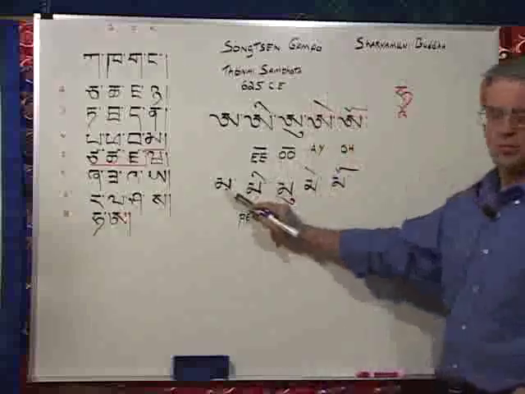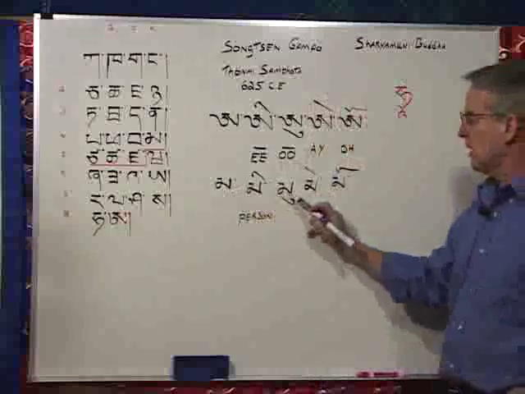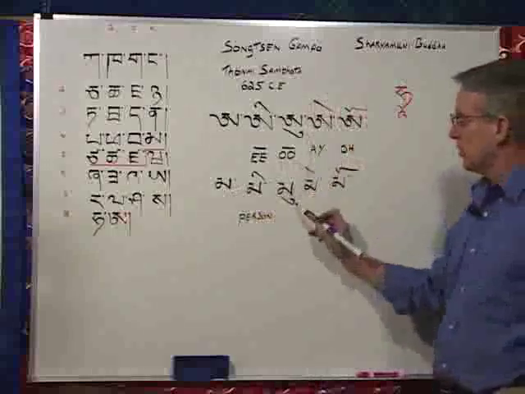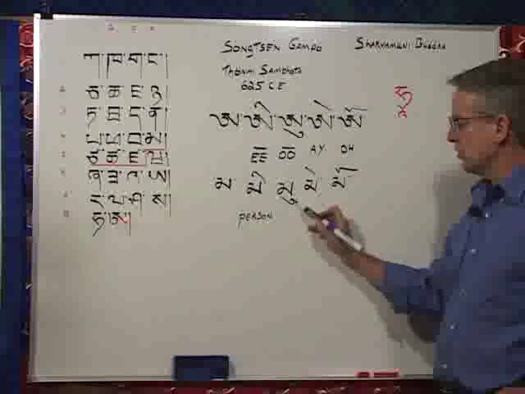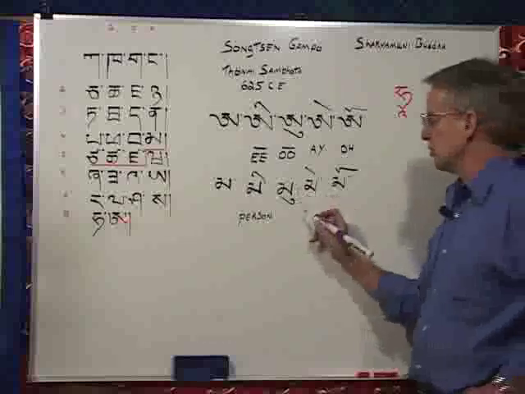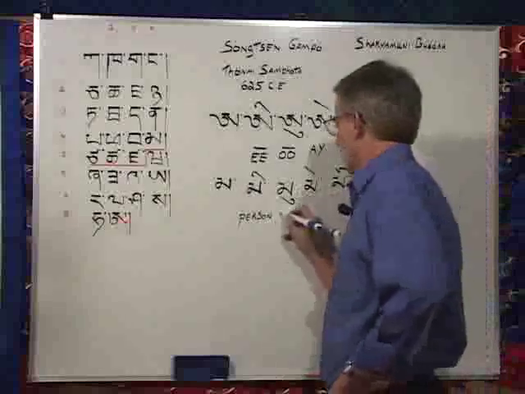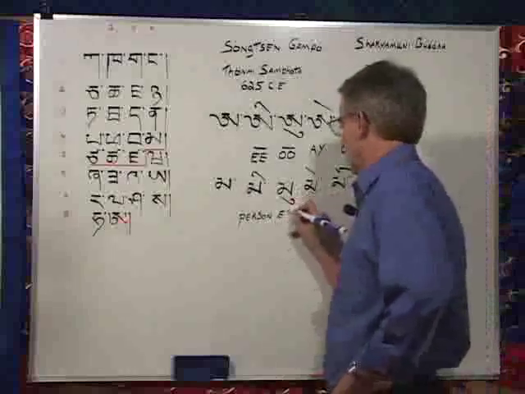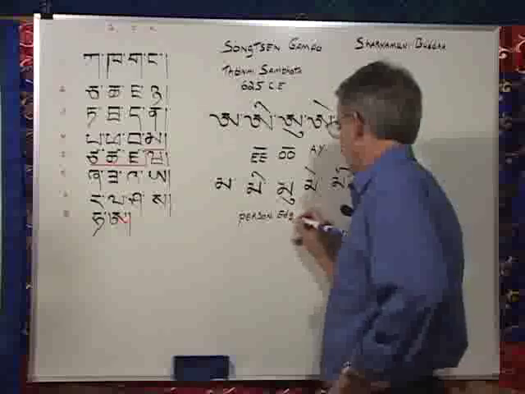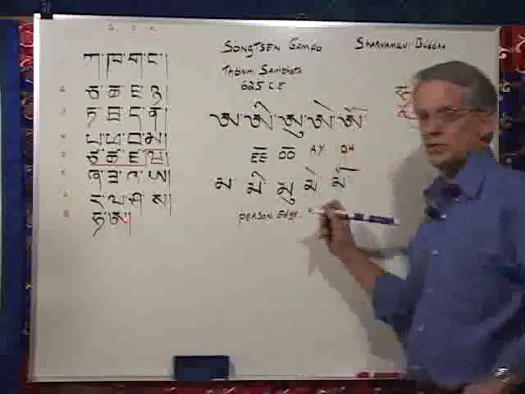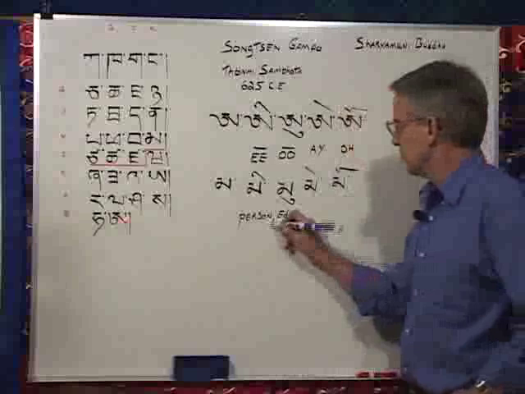If we take the same base letter ma, add the shabkyu to it, we get the word ma, shabkyu, mu. That is how we would spell it. We would just pronounce it mu. It can mean boundary, edge, or extreme, something like that.